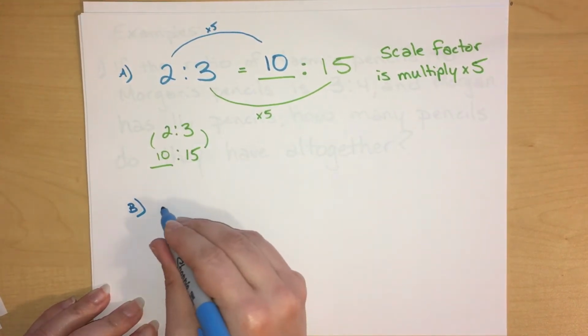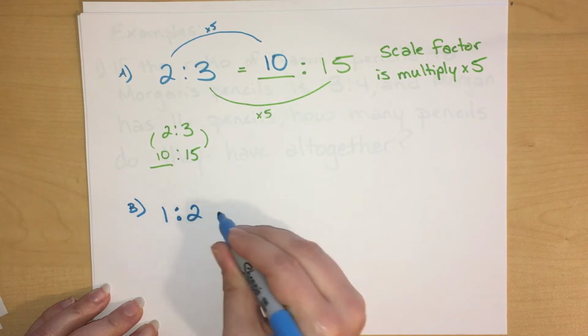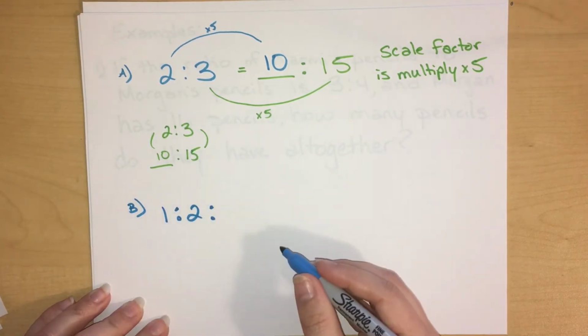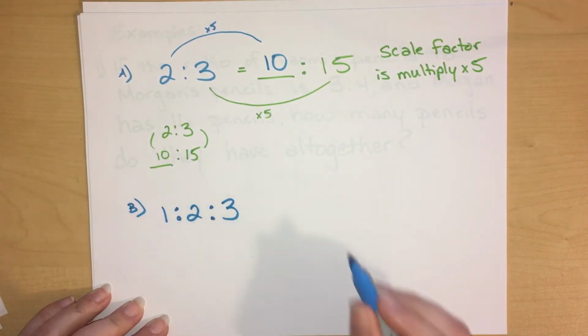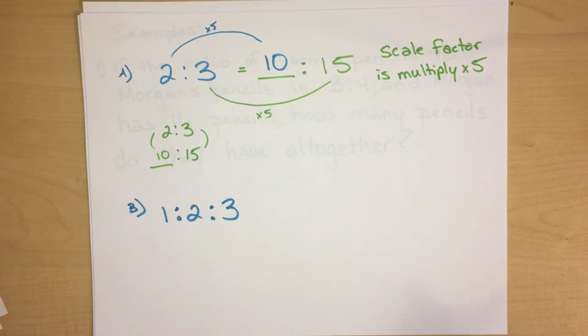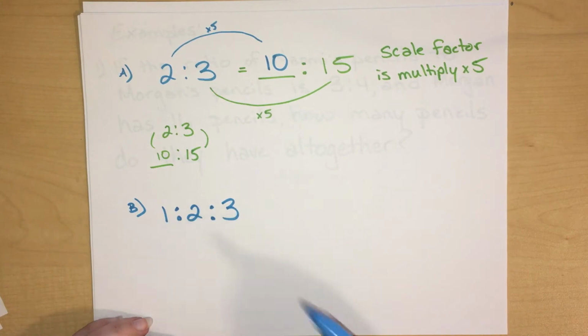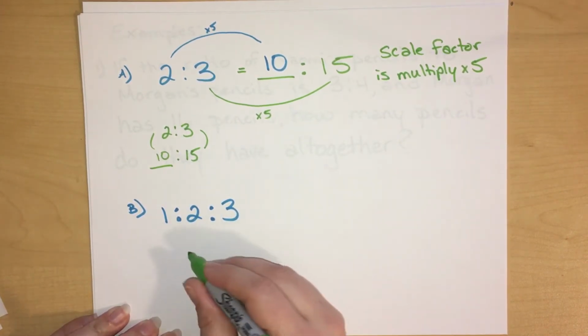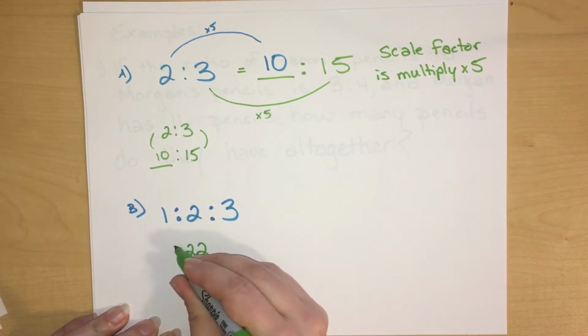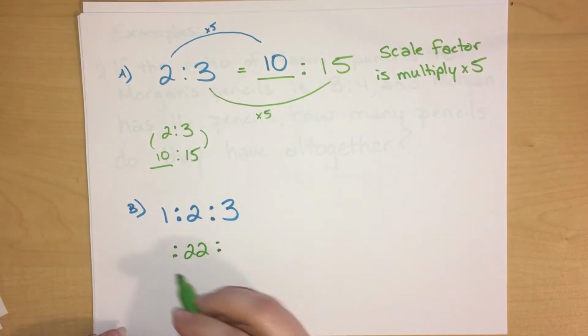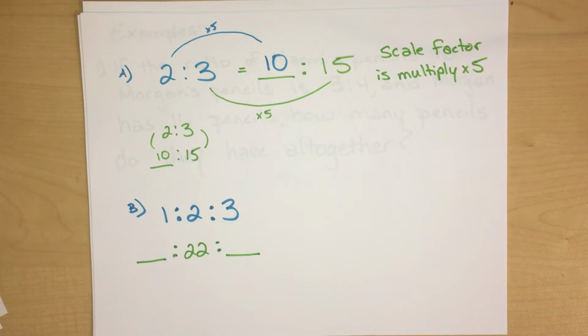Okay, let's try one more. Let's say I had a triple ratio, and you can have ratios that are kind of undefined in what they'll finish at. You can have an infinite number of ratios. So let's say I have a ratio of something that's 1 part to 2 parts to 3 parts. I'll draw it underneath this time. So let's say I need to find the equivalent ratio for those 2 parts there.